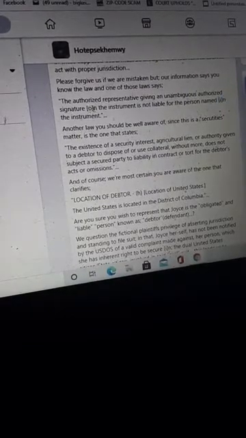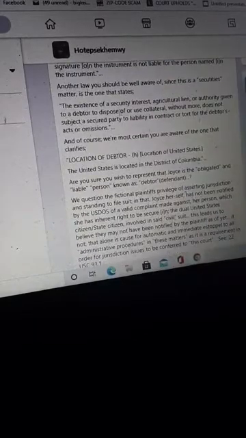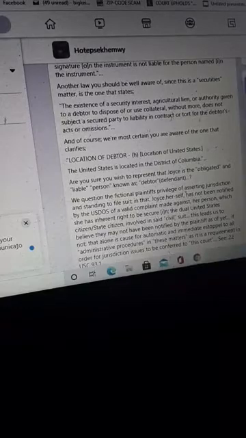When you sign on that same instrument where that person is already named, that is not the same person. That is the authorized representative giving an unambiguous authorized signature. So again, the existence of a security interest, agricultural lien, or authority given to a debtor to dispose of or use collateral without more does not subject a secured party to liability in contract.